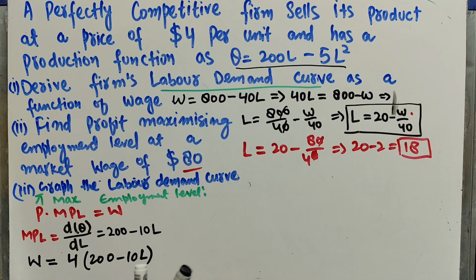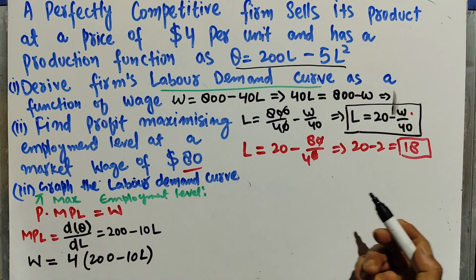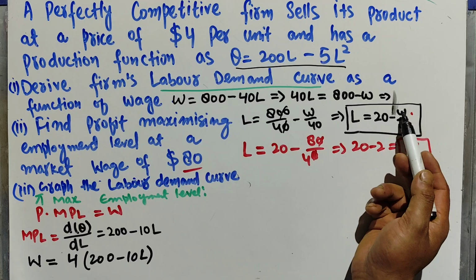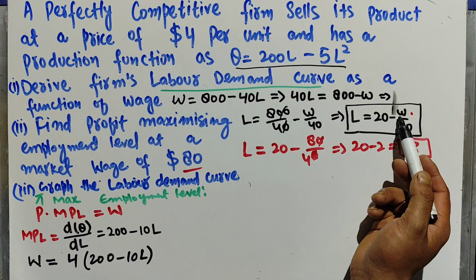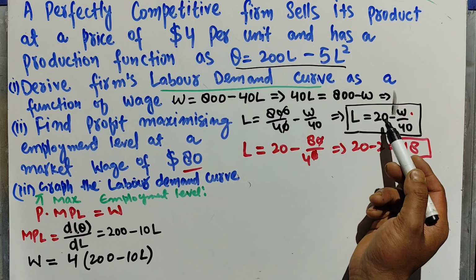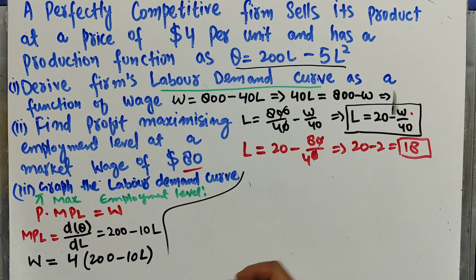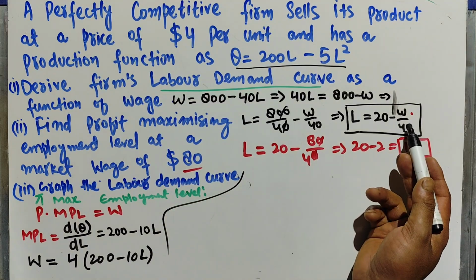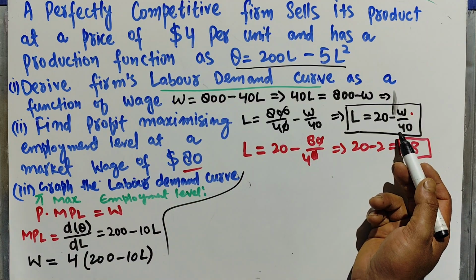The third part tells us to graph the labor demand curve. For simplicity, let us solve the labor demand function for the wage rate.